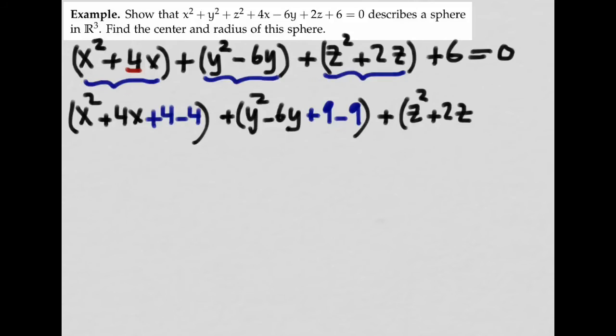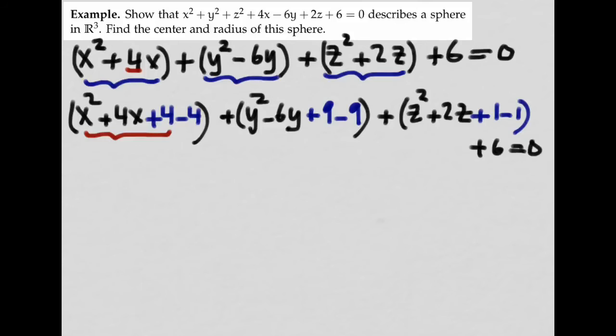I'm going to look at 2, multiply by 1/2 to get 1, and square the result to get 1. So I'm going to add 1 and subtract 1. Plus 6 equals 0.